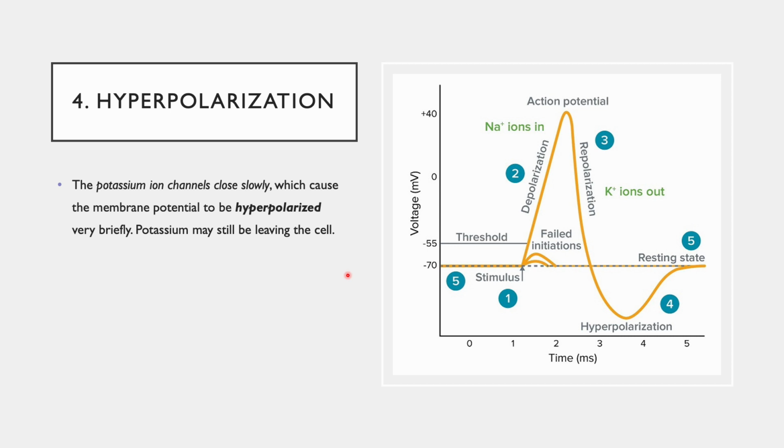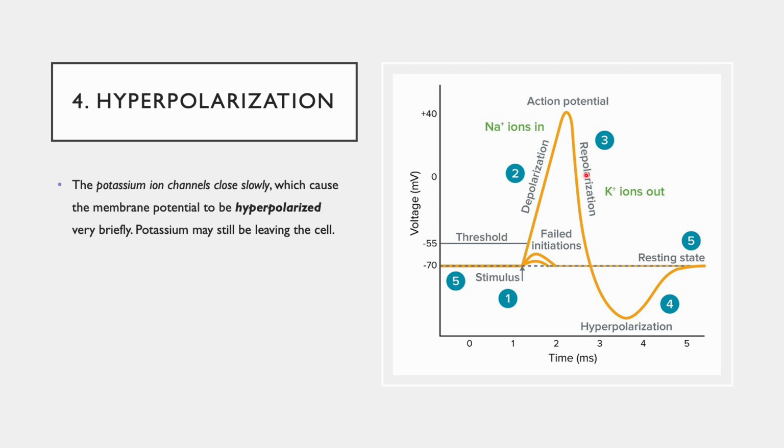Interestingly, after repolarization, there's something called hyperpolarization. The potassium ion channels close slowly. Recall that we've talked about leaky potassium channels and how there are more abundant amounts of these potassium ion channels.